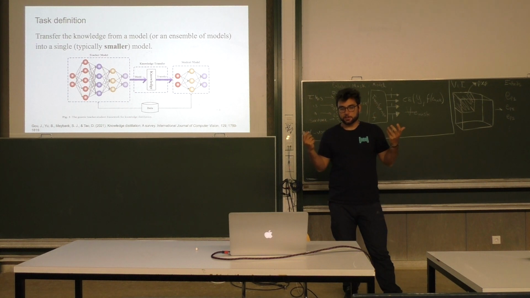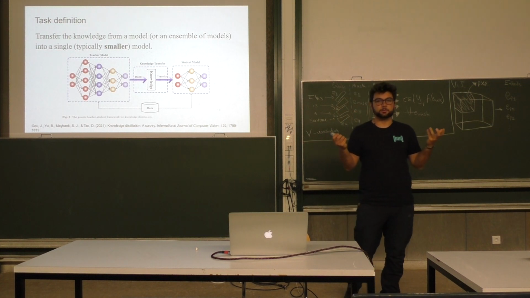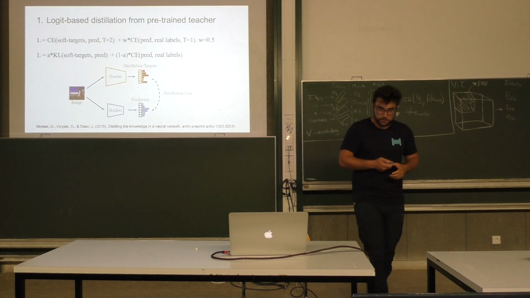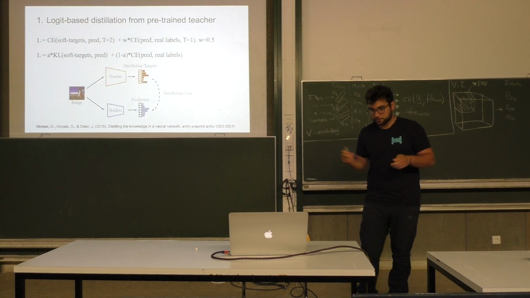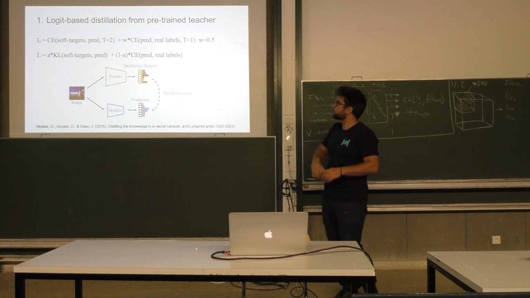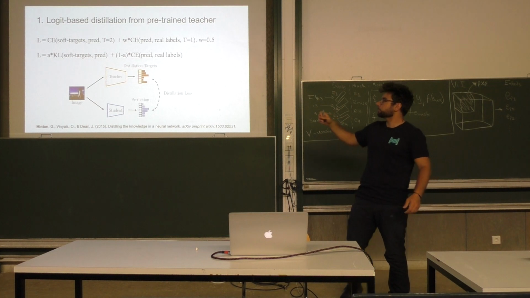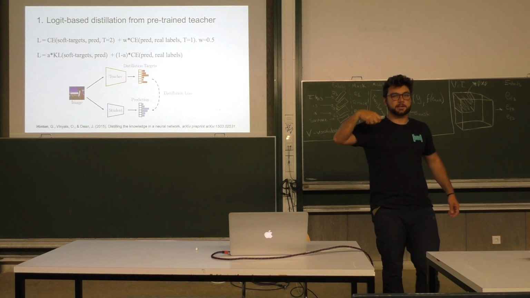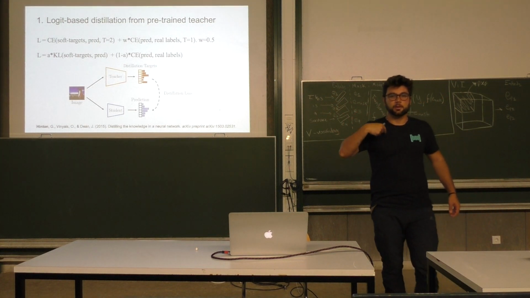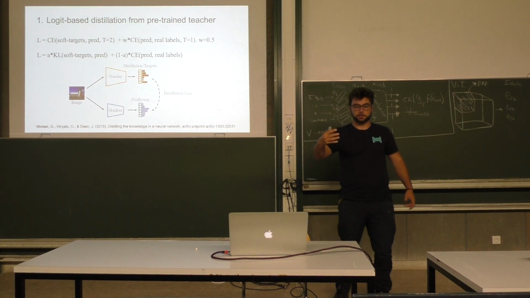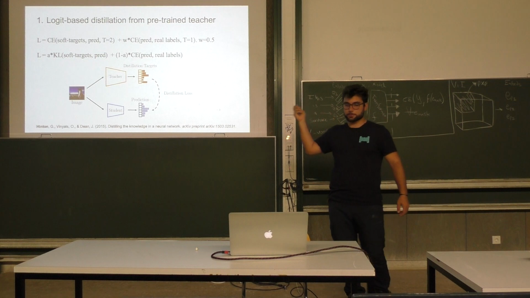So this seems completely distant in the beginning from what we saw, in how it is related to contrastive learning. We saw four different approaches. I won't go too much in depth. So the first equation is from Hinton, which basically takes the cross entropy between the real labels and the soft targets, which are the predictions from the teacher model, with different temperature and different weights.